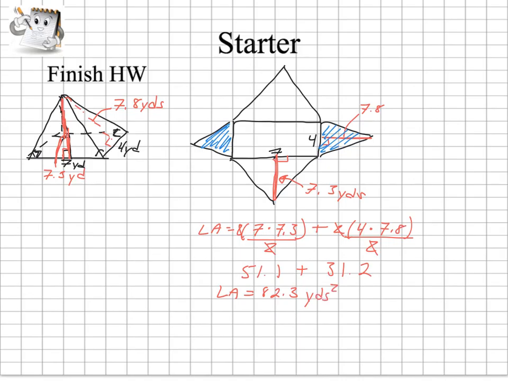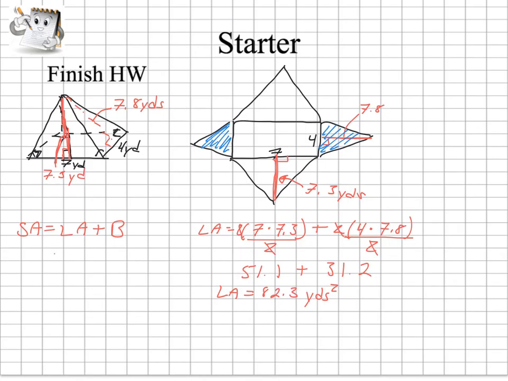All right. Then to finish up getting surface area, I would add that to the area of the base, because my formula for surface area of a prism, remember, was lateral area plus area of the base.